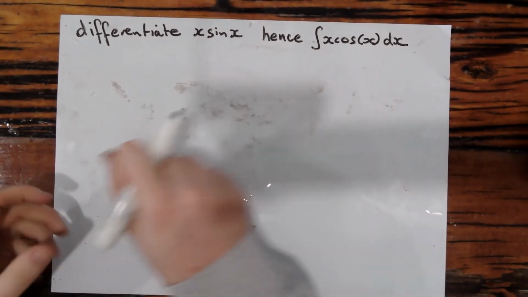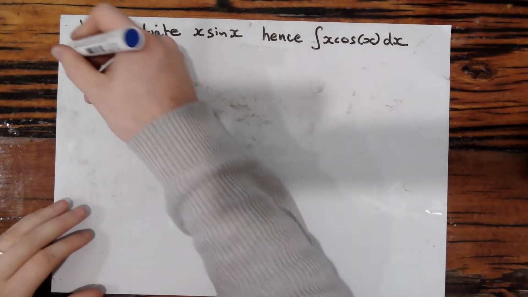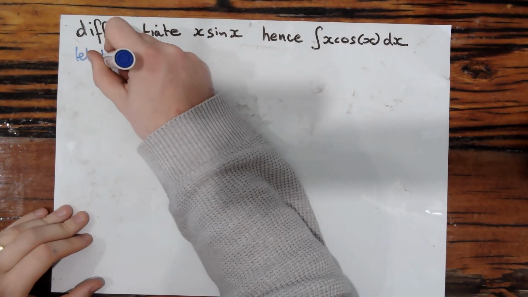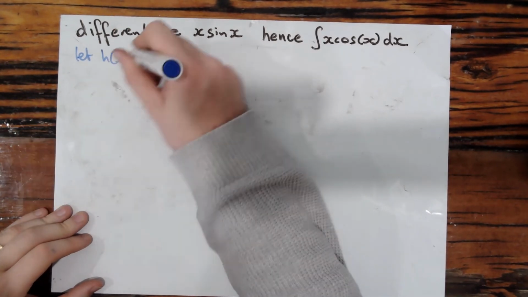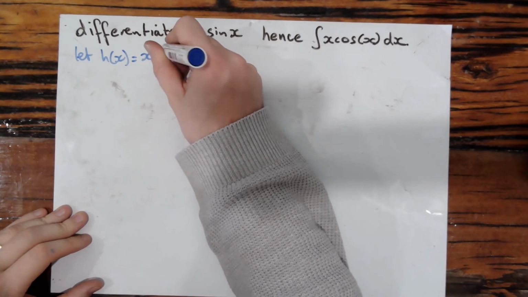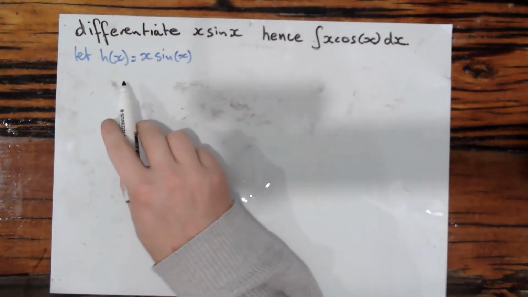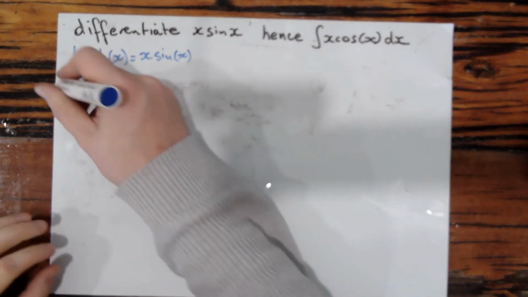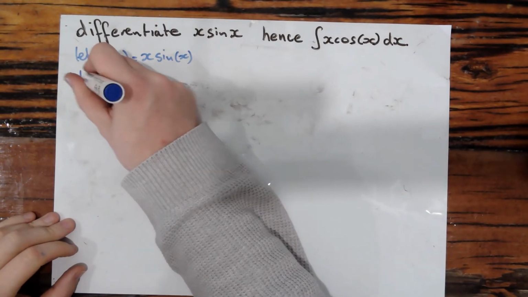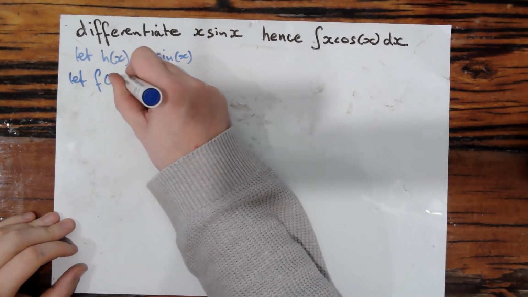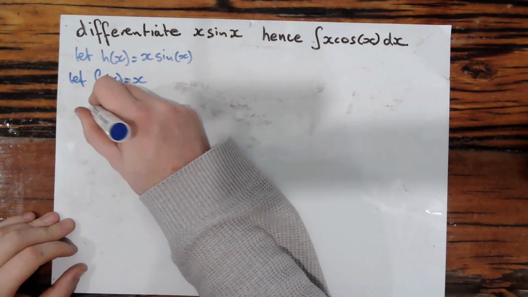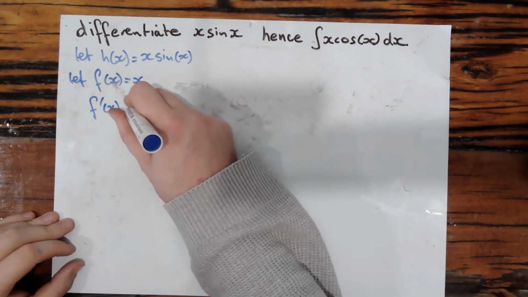So in this case, I'm going to say let h of x equal x sine x. You can see here that we've actually got a product rule. So I'm going to say let f of x equal x, so f dash of x is 1.